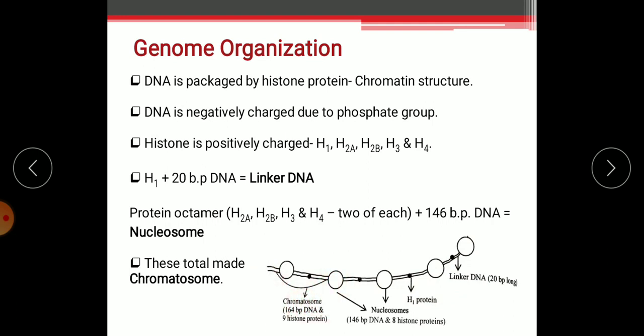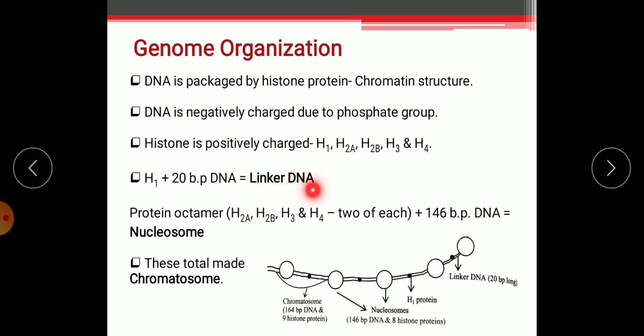So the chromatosome is the nucleosome plus linker DNA. The linker DNA, as we have just learned, contains the H1 histone protein and 20 base pairs of DNA. And the nucleosome consists of the remaining 8 histone proteins and 146 base pairs of DNA.